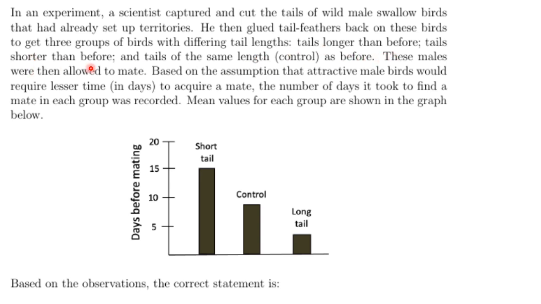These males were then allowed to mate based on the assumption that attractive male birds would require lesser time in days to acquire a mate. The number of days it took to find a mate in each group was recorded. Mean values for each group are shown in the graph below. Based on the observation, the correct statement is.